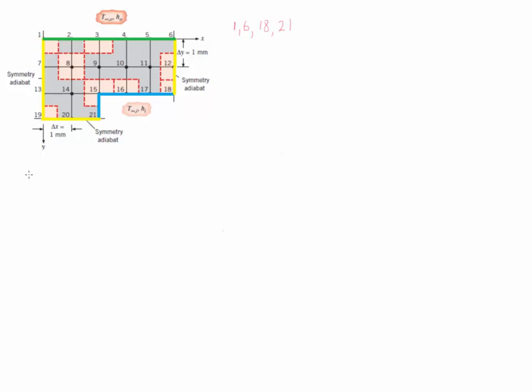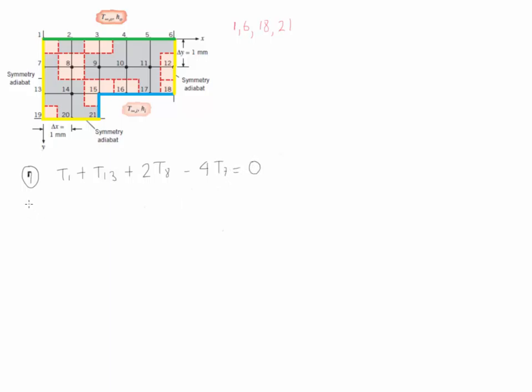So the finite difference equation for them is going to be, for node 7, that the surrounding nodes are going to be 1, 8, and 13. The equation becomes T1 plus T13 plus 2 times T8 minus 4 times T7 equals 0.